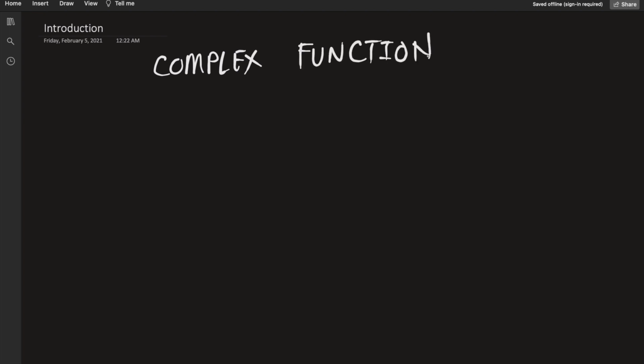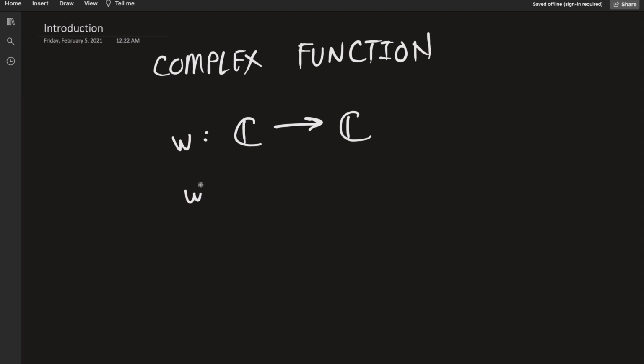Okay, so before we move on to anything else, let's first discuss what a complex function looks like, or what it basically is. Consider a complex function w that takes an argument that belongs to the complex plane and spits out something that belongs to the complex plane.